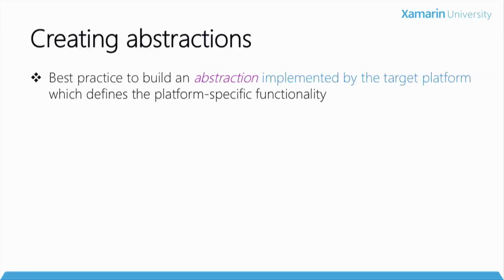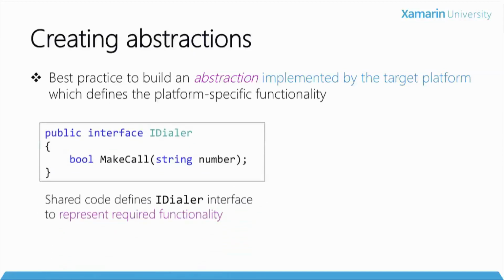The key principle that we will always apply if we want to invoke platform-specific APIs is abstraction. What we do, we will usually create some sort of interface. Coming back to our example of the phone word application, we want to dial a number. So we create an interface. This is our contract.